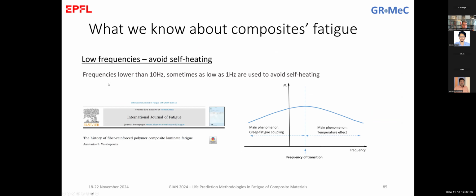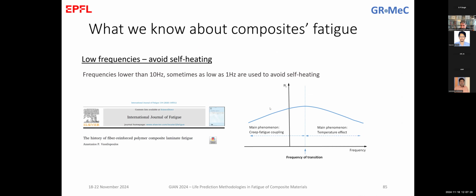We know that for composites, we need to test at low temperatures. Actually, what we know for composite materials is that the increase of temperature is not beneficial. You see this plot, it's a schematic plot. The frequency on the horizontal axis and the number of cycles on the vertical axis.